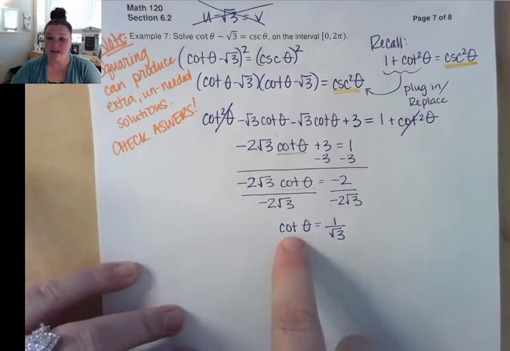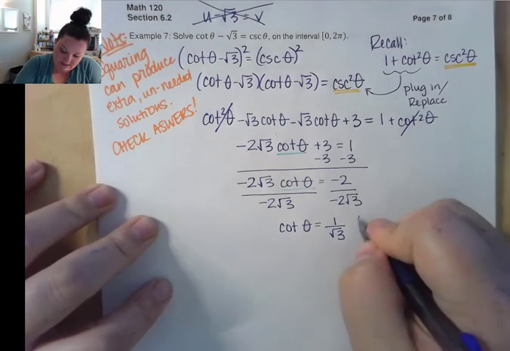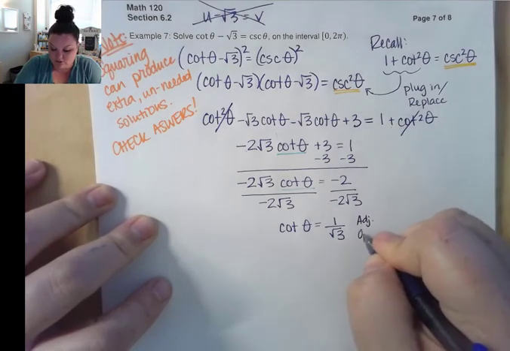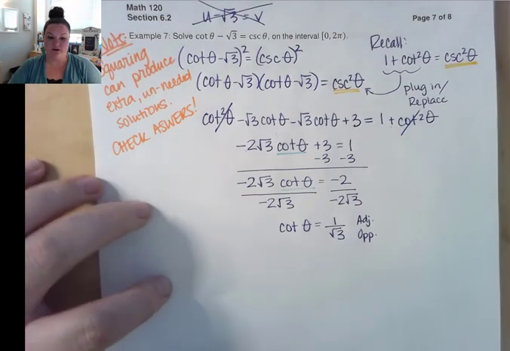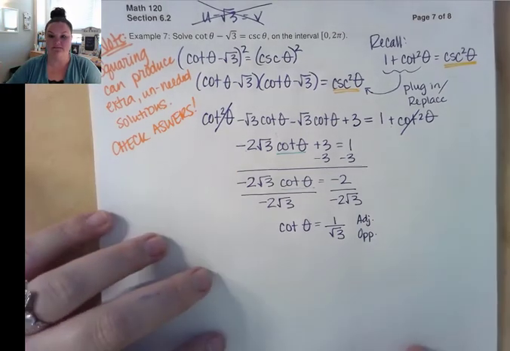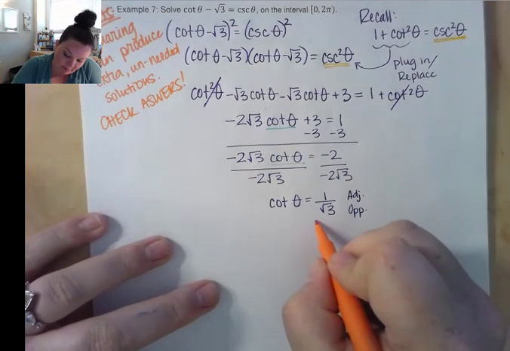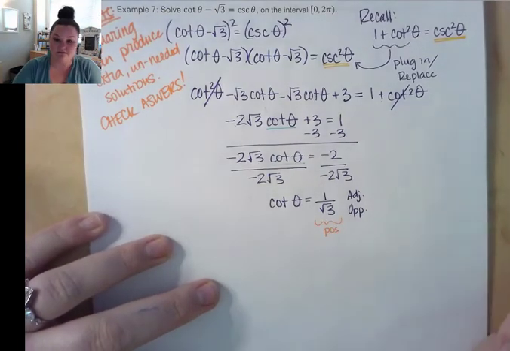Because we know that cotangent is, let's see, what's tangent? Tangent is opposite over adjacent. So cotangent would be adjacent over opposite. So I should be able to draw reference triangles for this, okay? All right, so let's think about this. We know that this is a positive value.